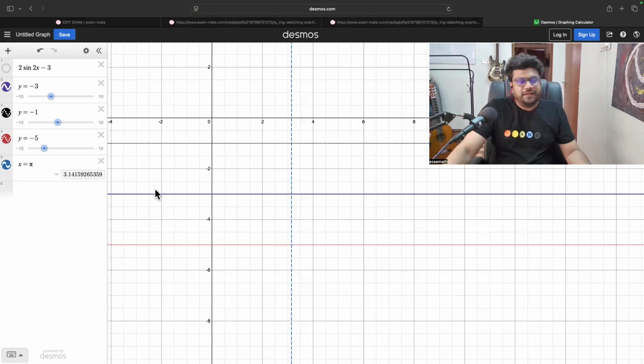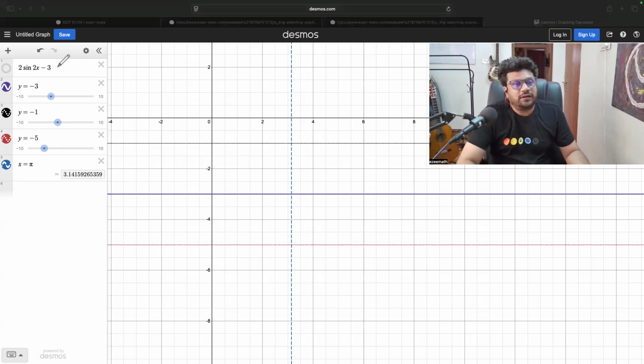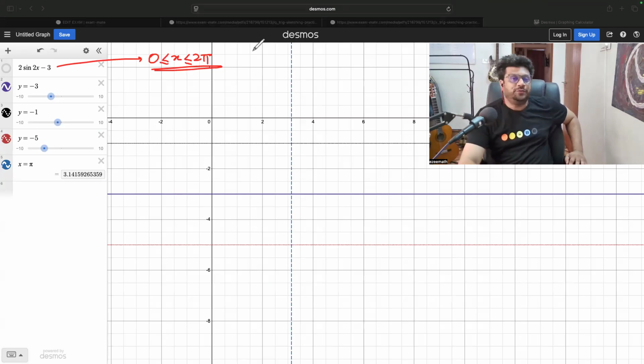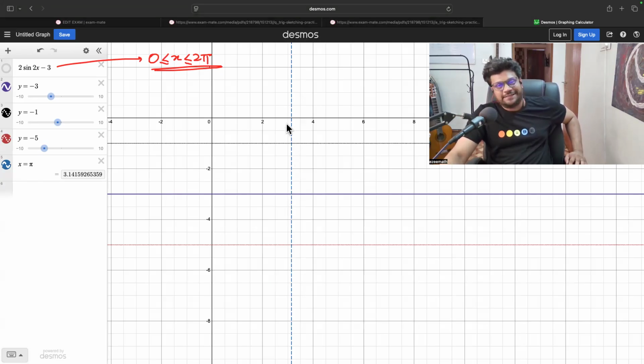I'm also going to decide one random domain for me to sketch it. Let's do the curve between 0 and 2 pi. I want the curve only between 0 and 2 pi. Okay, fine. I've got the period. Period was pi. I've drawn an indicator, a vertical line at x equal to pi.